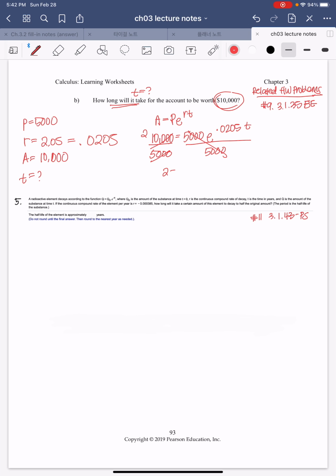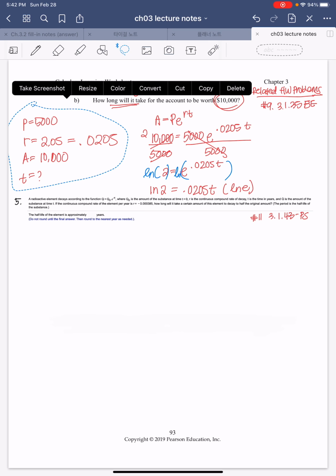So 2 is equal to e raised to 0.0205t. Then I'm going to apply ln. So now you have ln of 2 equal to 0.0205t times ln of e.